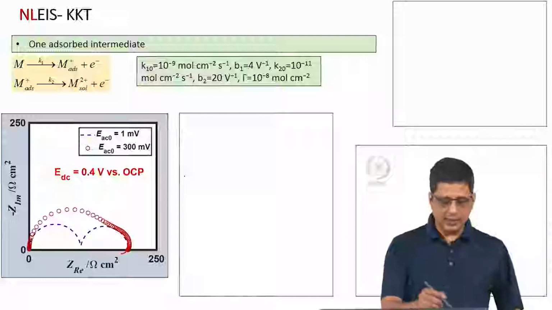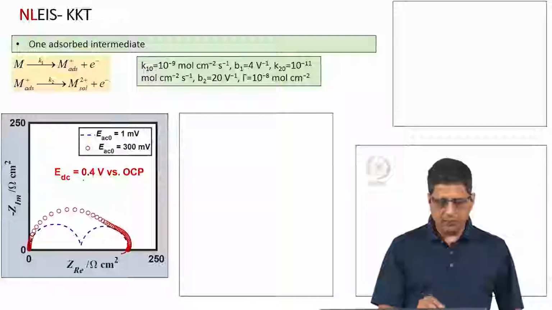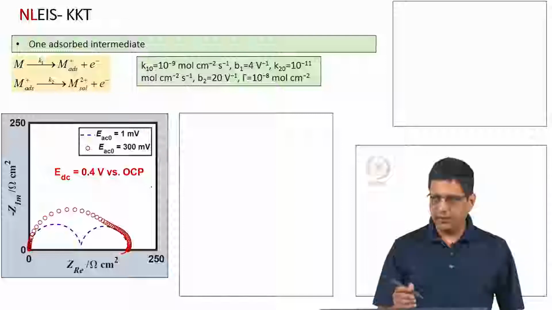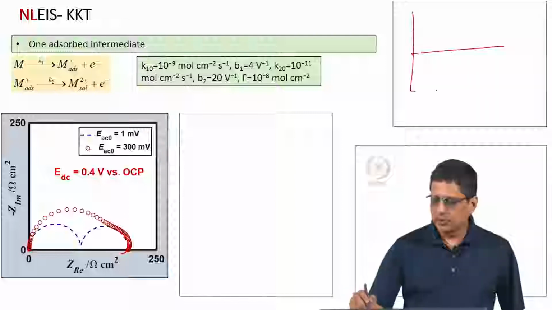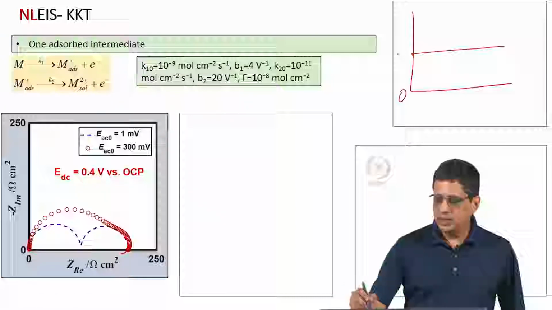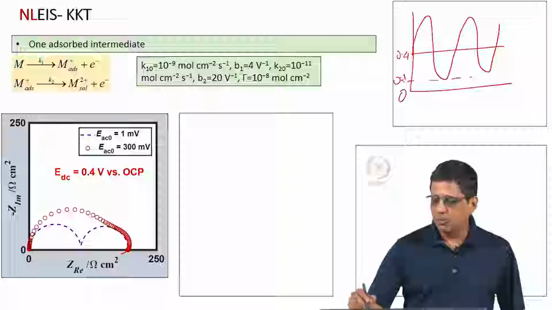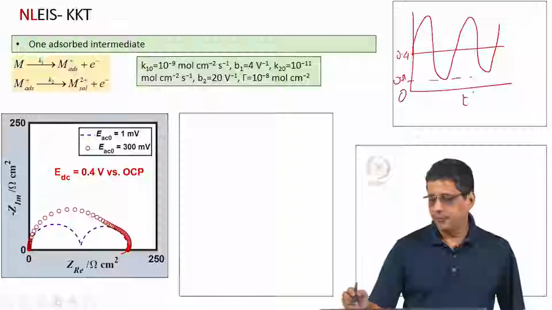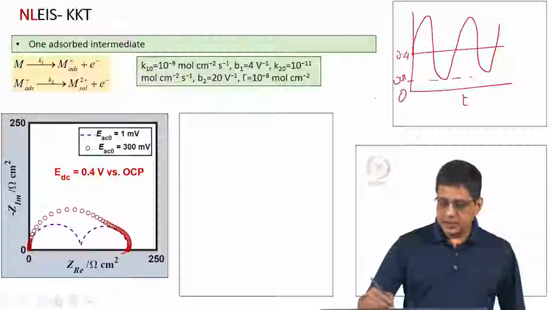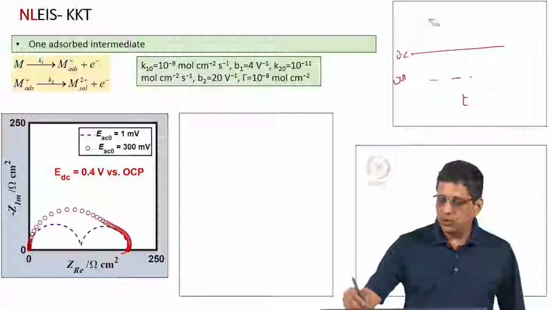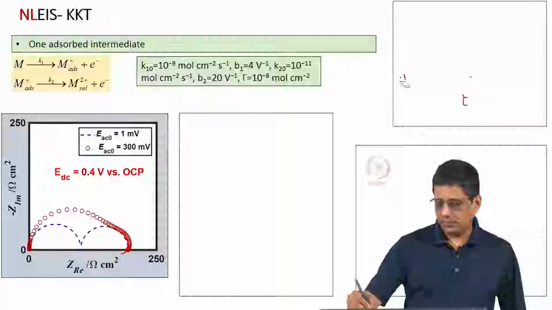Since we are at 0.4 volt versus OCP, even when we apply 300 millivolt, the lowest point there, if you assume this is 0, this is 0.4, 300 millivolt perturbation amplitude will still be 0.1 volt above the open circuit potential. So, this is still in the anodic regime, and we do not have to worry about the cathodic reactions.